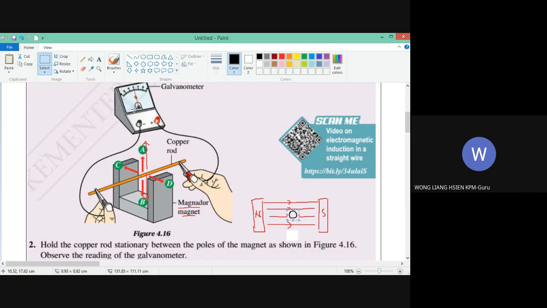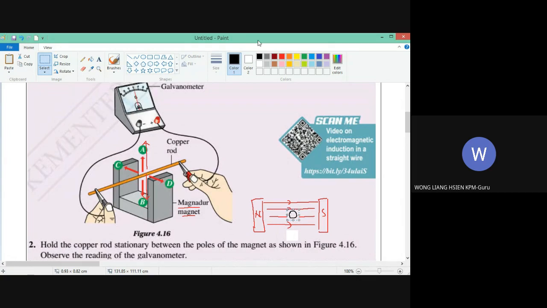So the pointer of the galvanometer will deflect to show the direction of the flow of the charge.